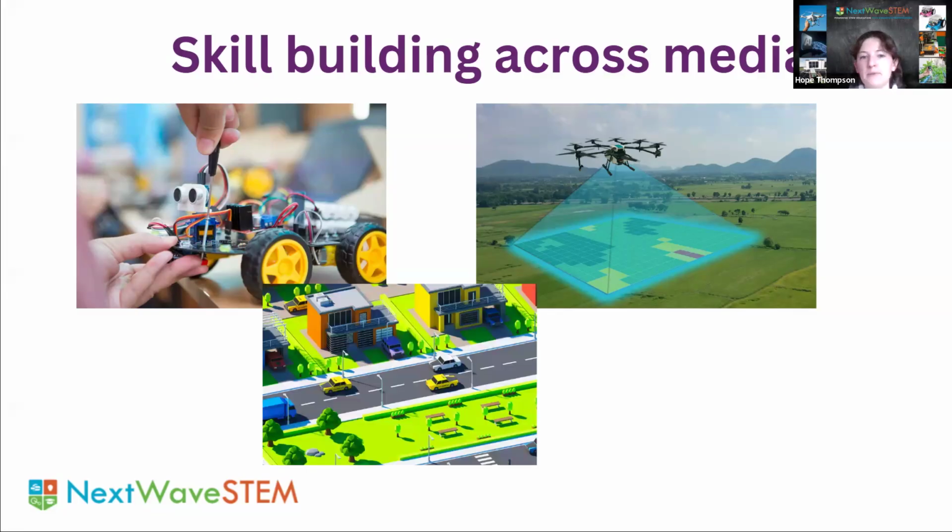Or video game design. Students can use, again, the same kinds of simple block-based programs to build and play test custom, personalized, playable video games. So a student who may not have as much interest in robotics or drones may be able to apply those skills to something that has more interest to them, like video games.